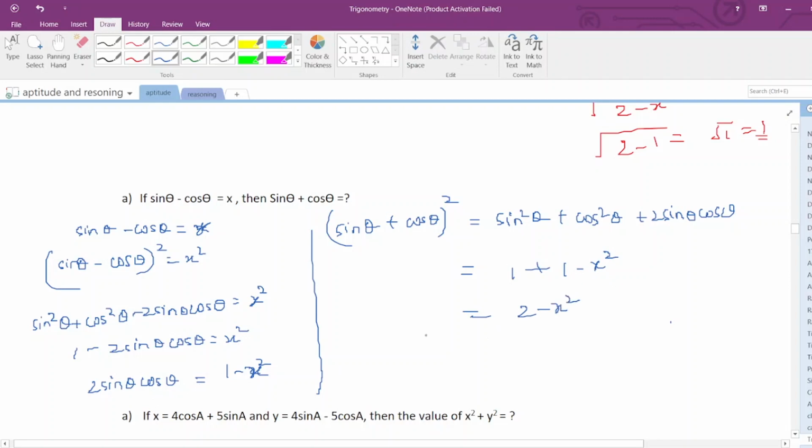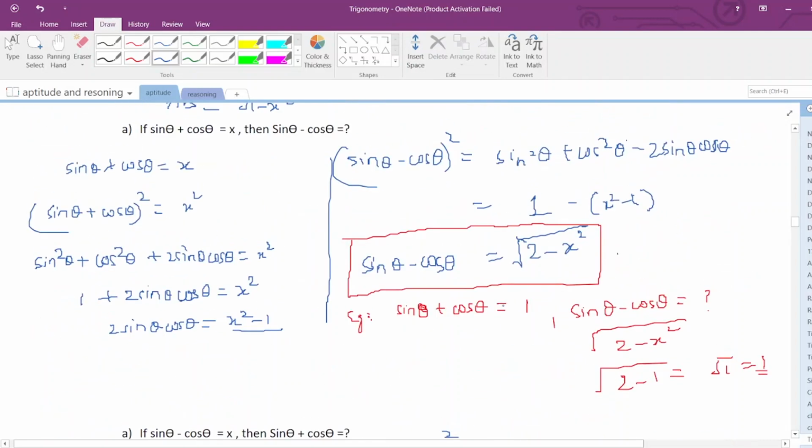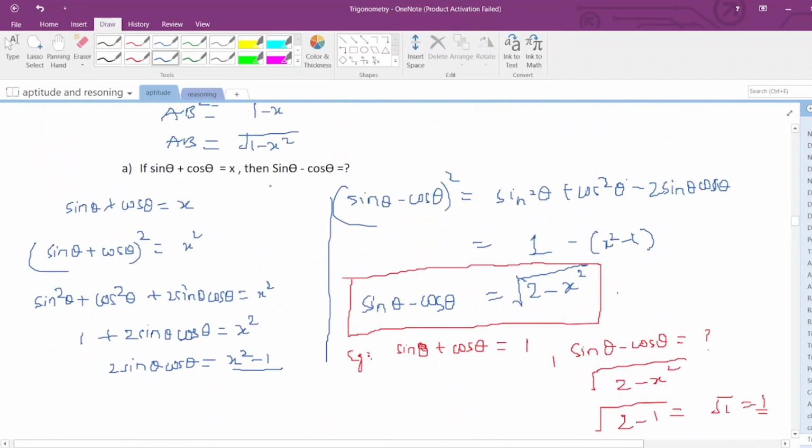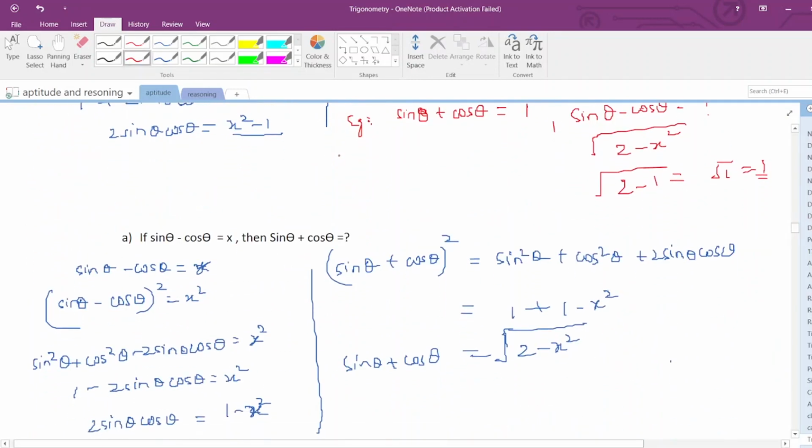So sending the square to the other side, root comes. So sin theta plus cos theta is equal to root over 2 minus x square. If you look at the previous and now, both are the same. See, okay. So what they do is, first of all, if they give plus and ask for minus, or give minus and ask for plus, it is the same formula. So you have to use root over 2 minus x square.